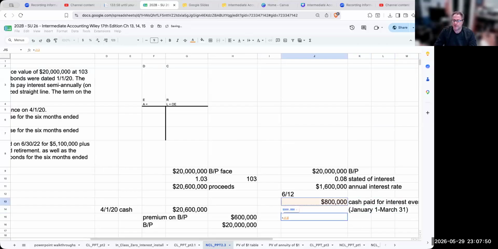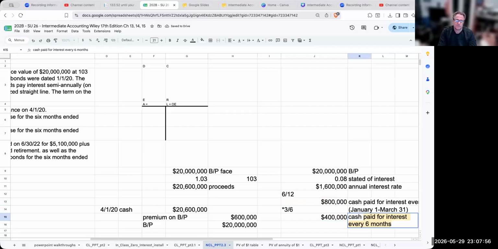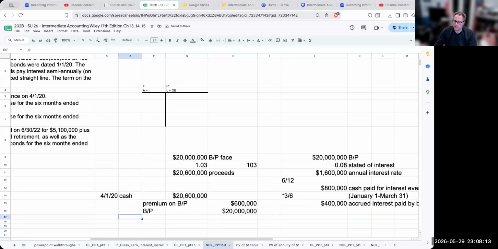So this is the accrued interest paid by the buyer. In addition to this cash, we're also getting another 400,000.